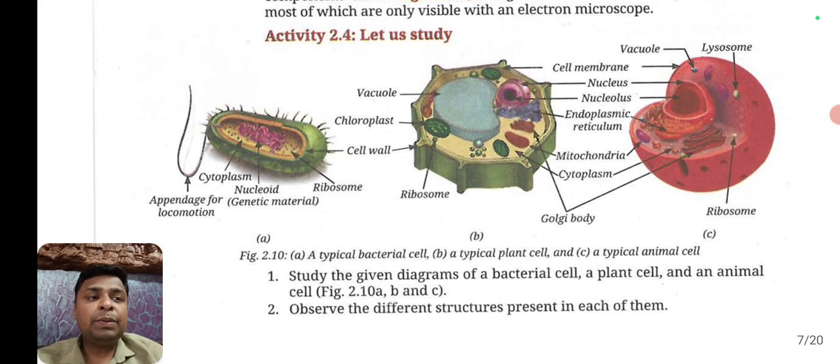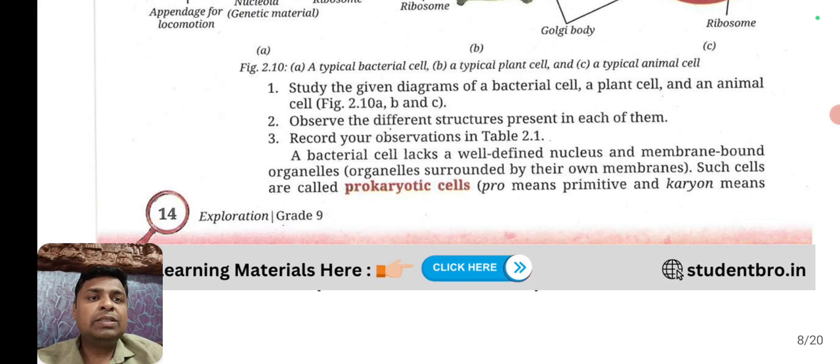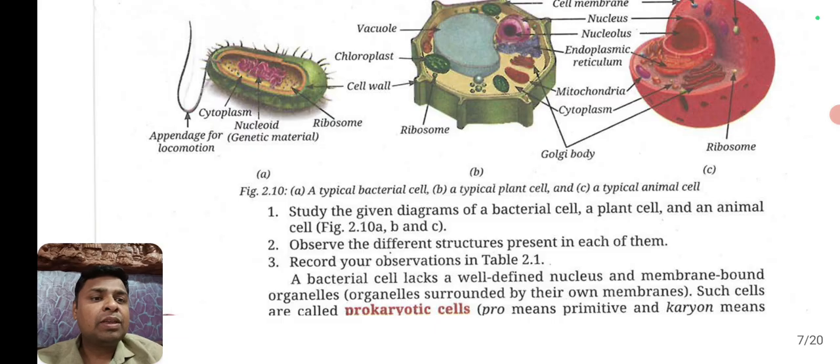Now you can see the picture here. Okay, a typical bacterial cell, that is A, then plant cell and animal cell. Observe carefully the difference between them. So let's go ahead, study the given diagram and observe the difference. Record your observations. That is what they have said.